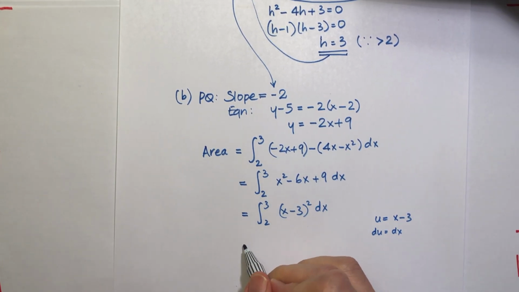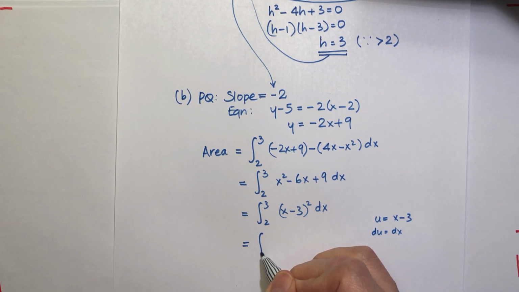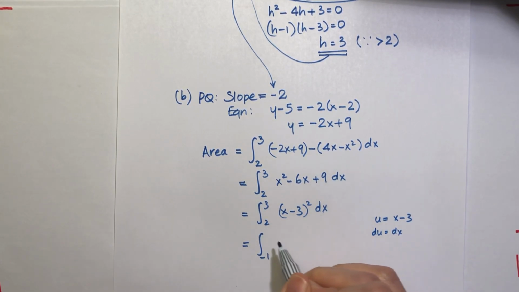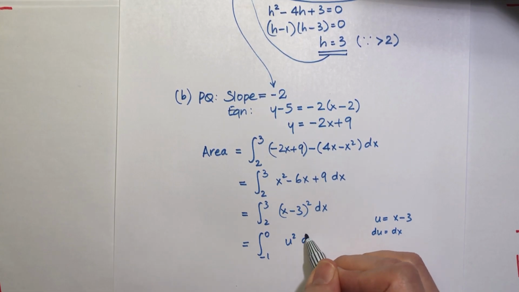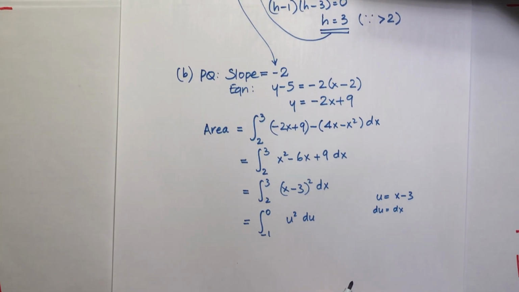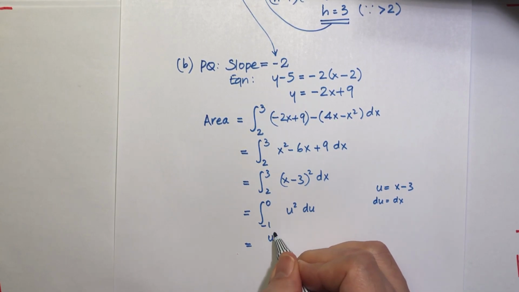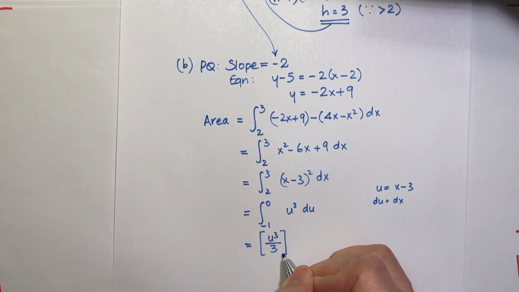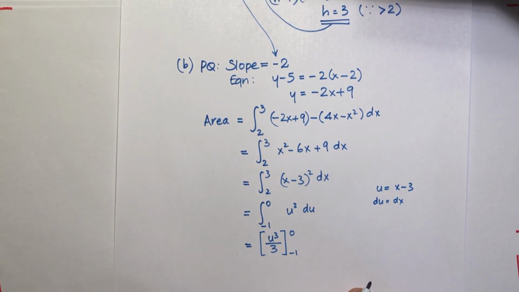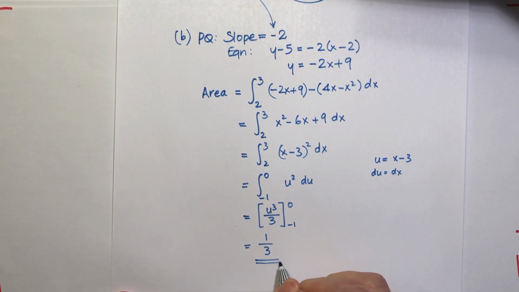So when x is 2, u is minus 1, and when x is 3, u is 0. So this is basically the integral of u squared du, which is u cubed over 3 from minus 1 to 0, and that's just 1/3. So the area of the shaded region is 1/3.